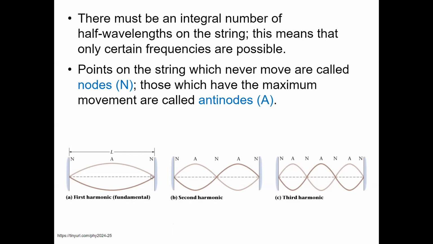With no additional nodes, it's the first harmonic. With one additional node in between, it's the second harmonic. With two additional nodes in between, you have the third harmonic, etc. That's how you distinguish them from one another.